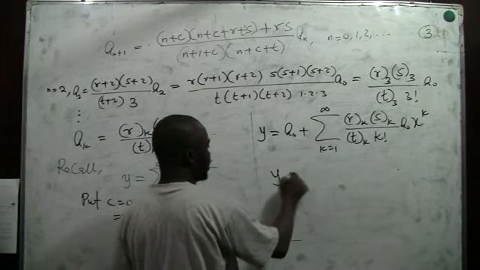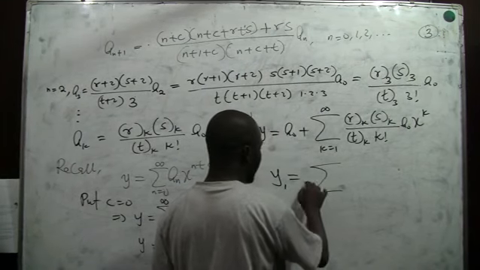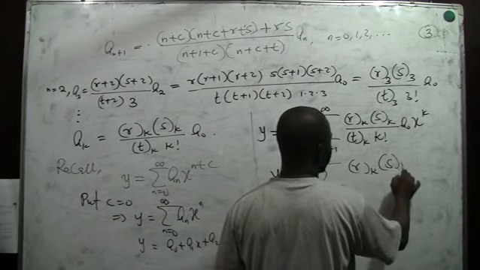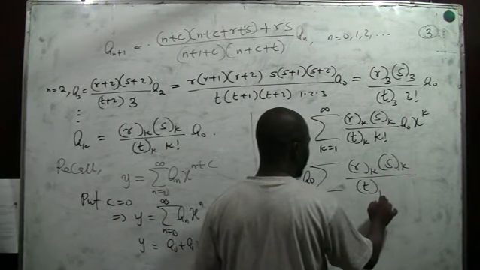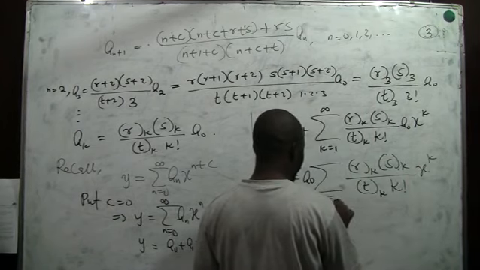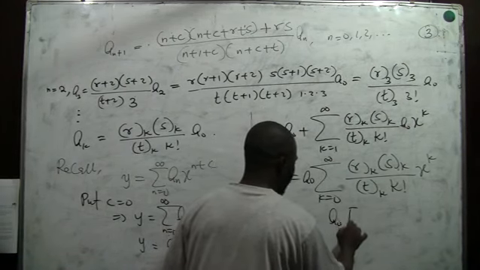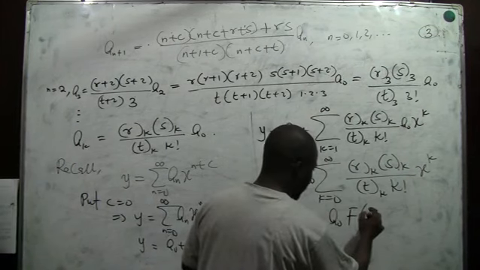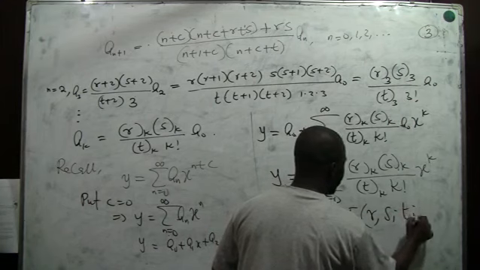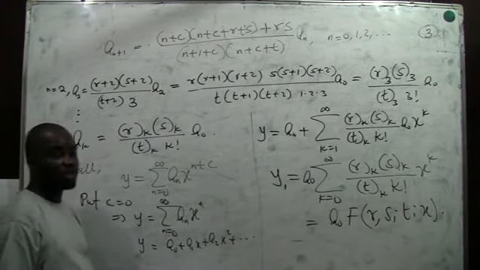So that means that the final solution, which is solution 1, becomes a0 r_k s_k divided by t_k k factorial x to the power k, from 0 to infinity, which is written in the form F(r, s; t; x), which is the first solution of the hypergeometric equation.